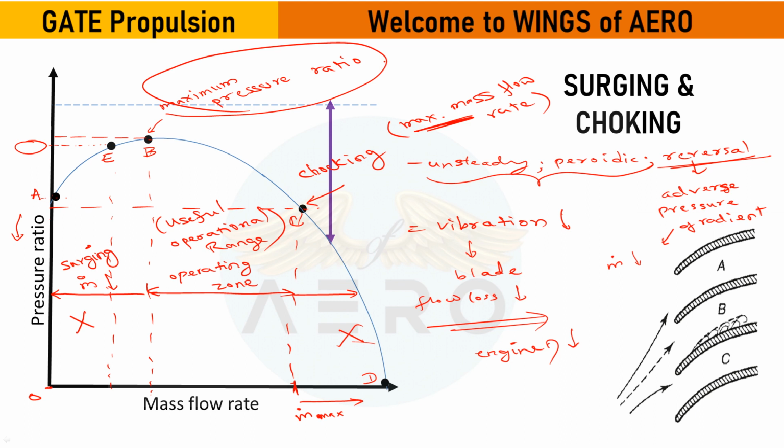C is the point of choking. Further, C to D is the choking range. Clear? I think with these things we have done.